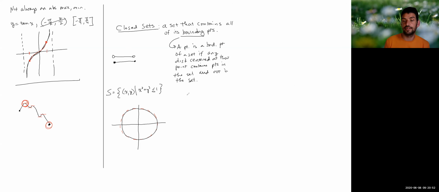Let's take the set, I'll call it R, equal to x, y, such that, let's say x and y are both positive, and y is less than or equal to 1 minus x, okay?